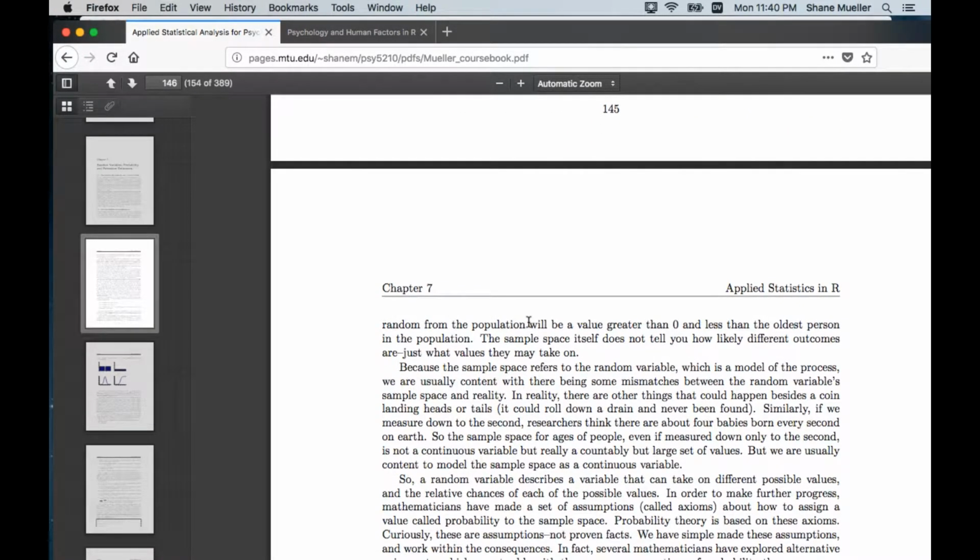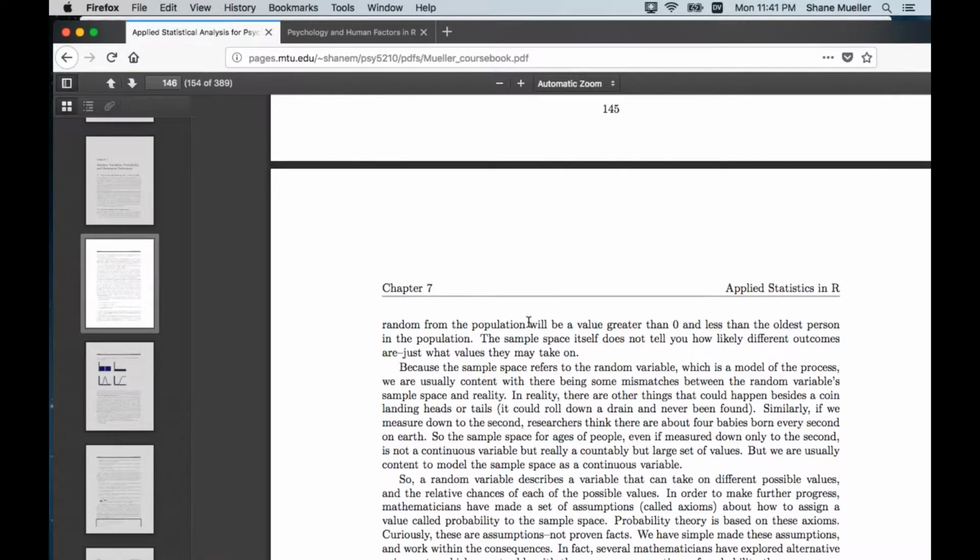The sample space is just the possible values it takes, and what a random variable does is it tries to assign values, which we call probability measures, to all possible subsets. All that means is any possible type of event you could describe using words like "and" or "or", you can assign a probability measure to.